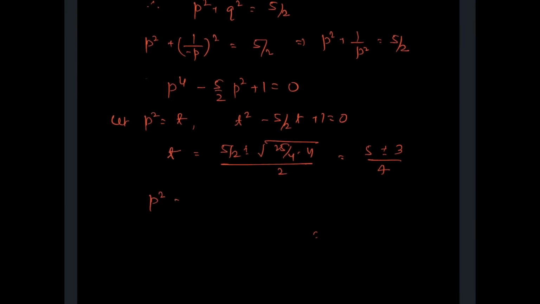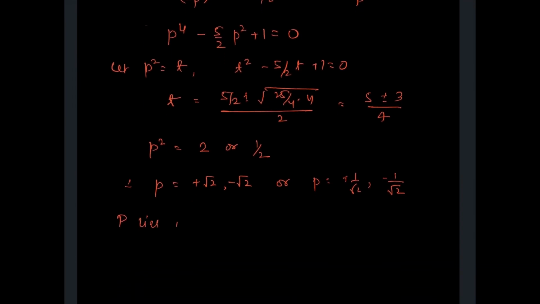And t, which is nothing but p square, is either 2 or 1 by 2. So therefore p is either plus root 2 or minus root 2, or p is plus 1 by root 2 or minus 1 by root 2.